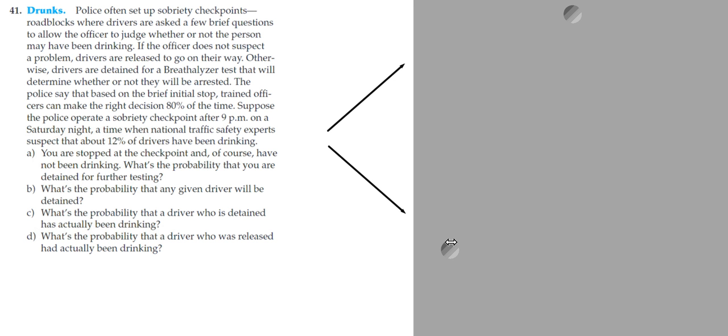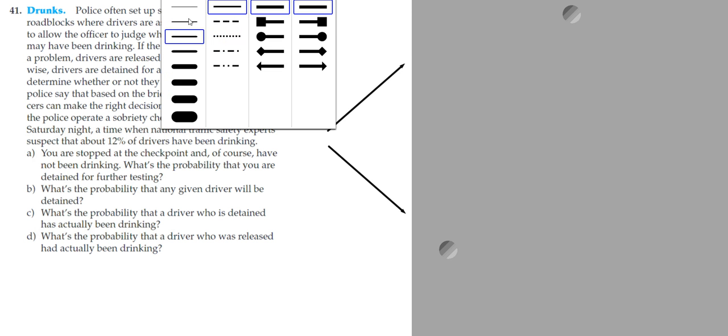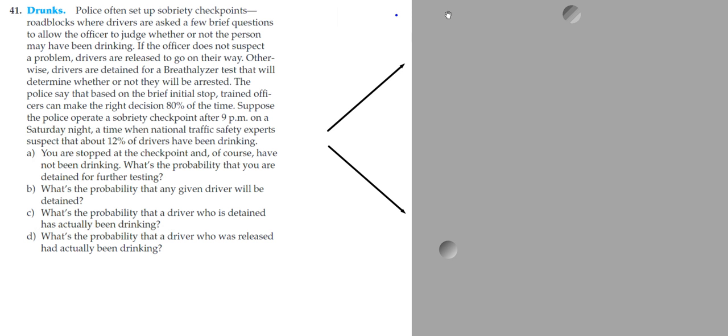There's a lot going on that we want to organize, and we're going to use the tree diagram to do that. So we're going to start with that first branch. Always working in context. So our first branch, the first event that happens, is the driver comes up to the checkpoint, and they either have been drinking or they have not been drinking.